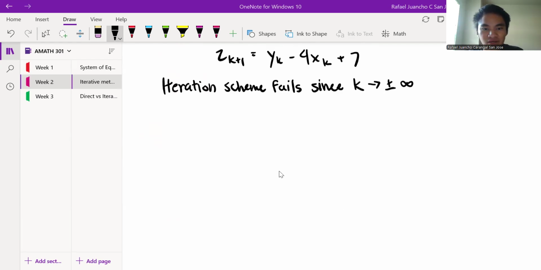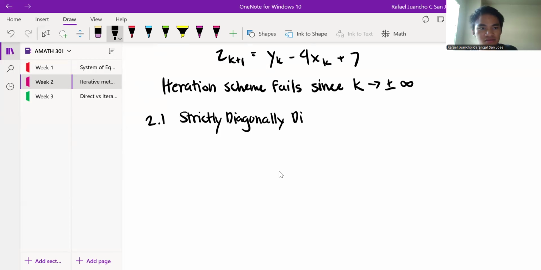Okay, let's talk about another concept here, which is about being strictly diagonally dominant. So what is this?